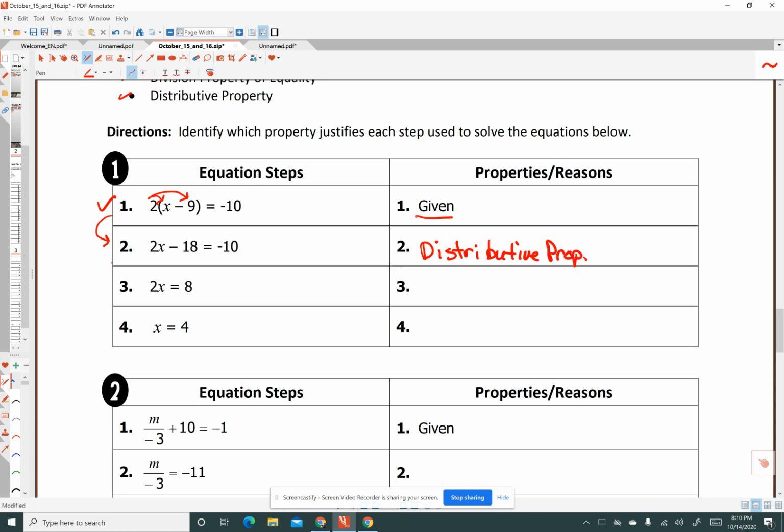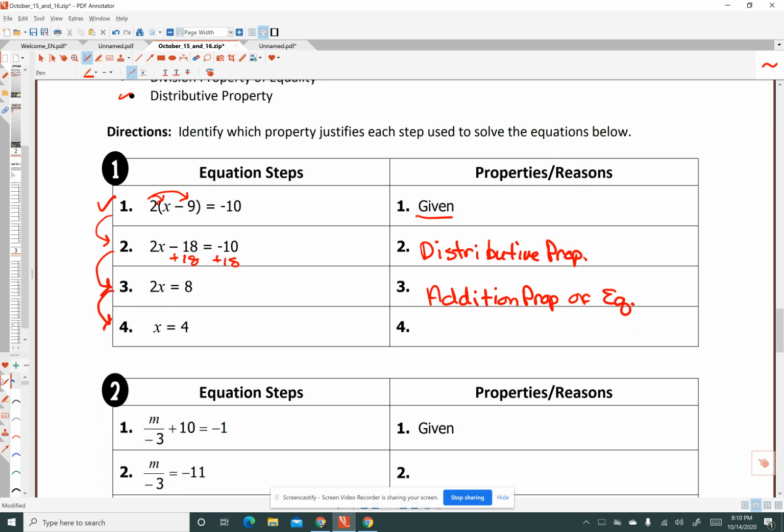Okay, now how did we get from step 2 to step 3? Well, we added 18 to both sides. So that's our addition property. I'm going to put EQ for equality. We'll be using a few abbreviations today.